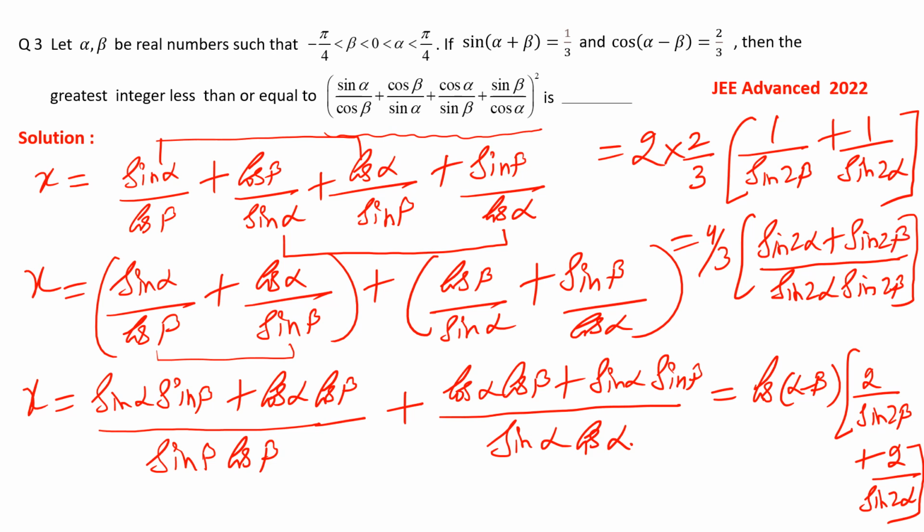Now, in the numerator, I can apply the C and D formula of trigonometry, that is sine C plus sine D. And in the denominator, if I multiply up and down by 2, I will be getting 2 sin A sin B formula. And 2 sin A sin B is what? It is cos of A minus B minus cos of A plus B. Right? Now the question is almost solved.